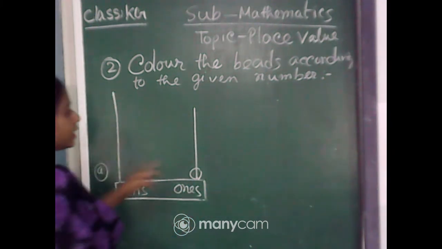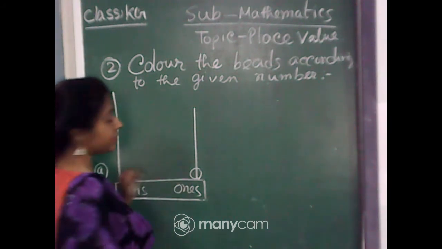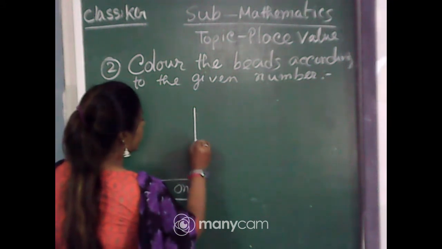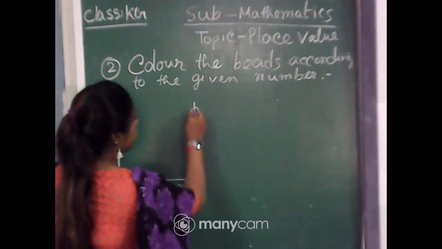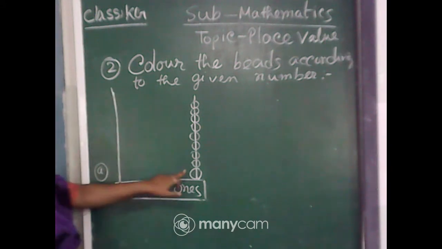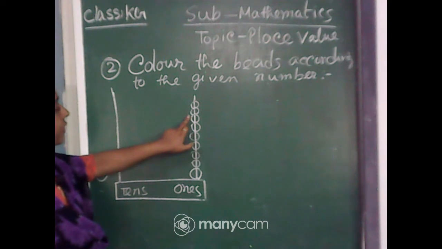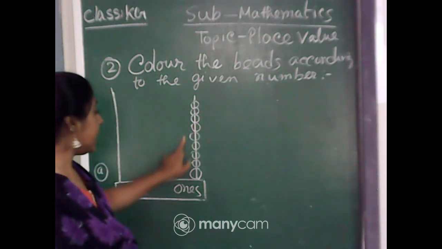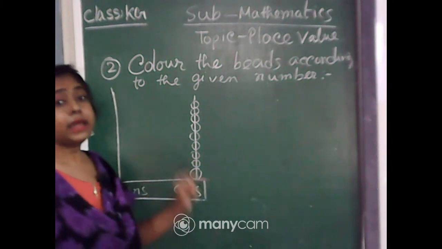So first in the ones column we will draw 9 beads. 1, 2, 3, 4, 5, 6, 7, 8 and 9. Only 9 beads you will draw in the ones column.